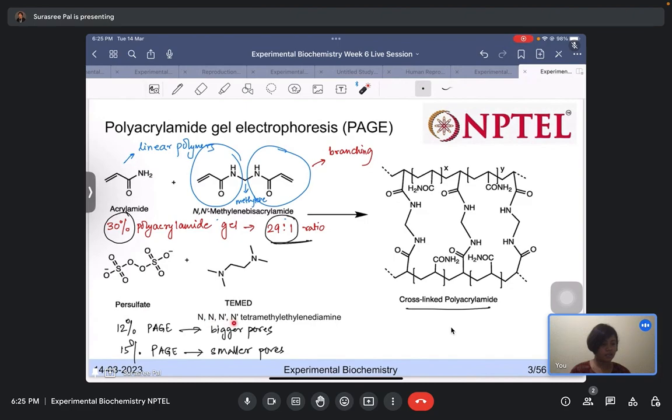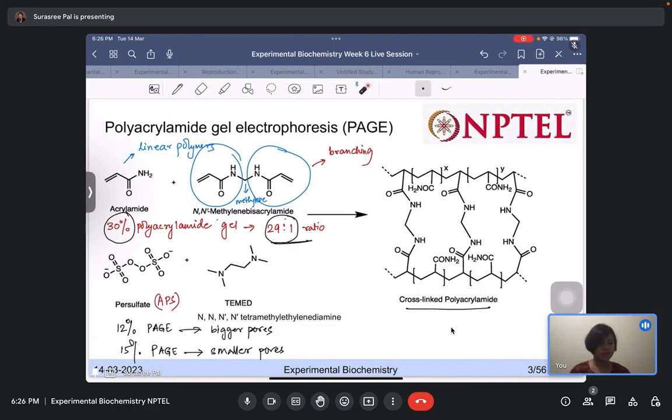TEMED is the abbreviation of N,N,N',N'-tetramethylethylenediamine. So what is the role of these two molecules, persulfate and TEMED? This is also known as APS, ammonium persulfate.